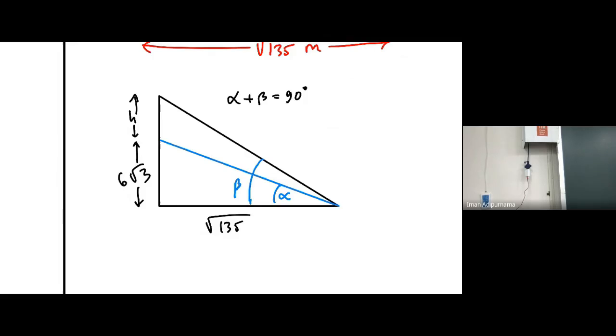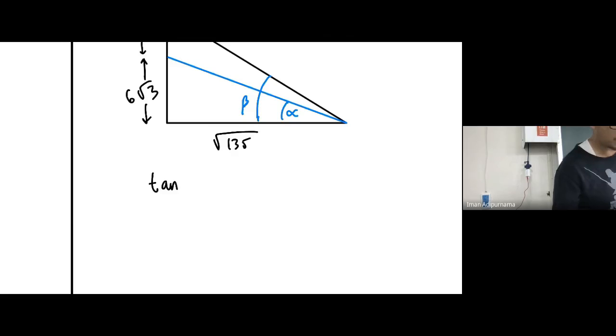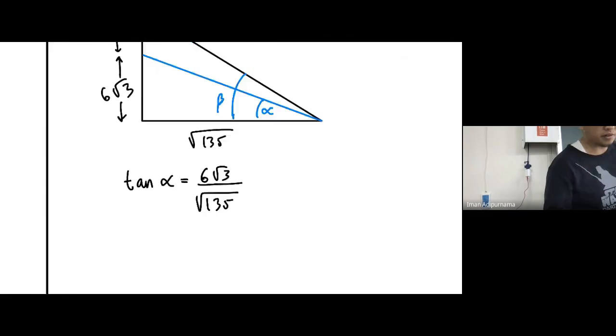Do not think too much and write and find this hypotenuse. For what? That's the question. You already have this, so use tangent. Tangent alpha is this, right? And how about tangent beta?